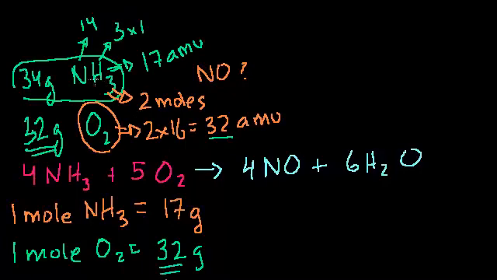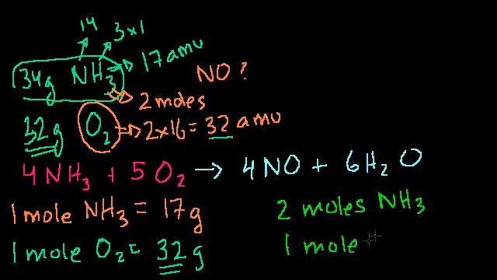So we've been given 34 grams of ammonia, which is 2 moles. So let me write that in a nice, vibrant color. So we've been given 2 moles of NH3, of ammonia, and we've been given 1 mole of the oxygen molecule. Now, when we look at this reaction, for every 4 moles of ammonia, we need 5 moles of oxygen.